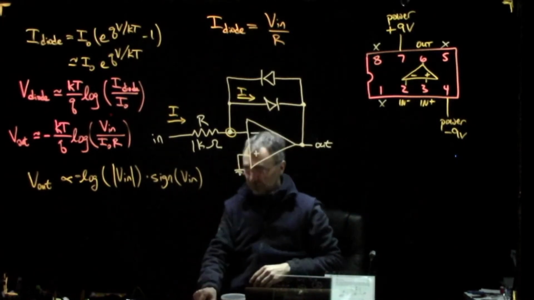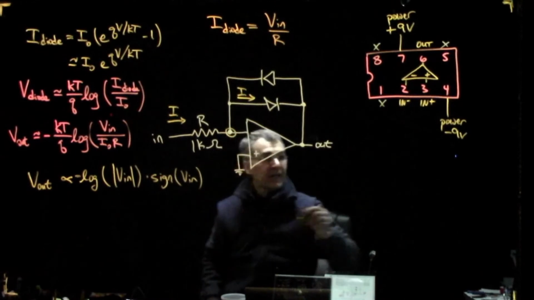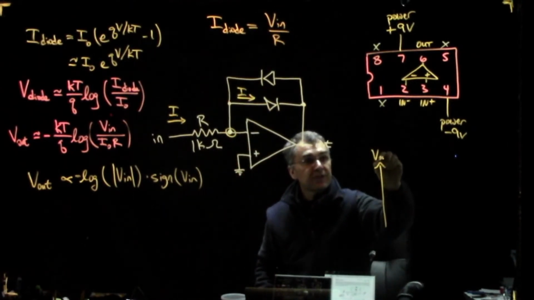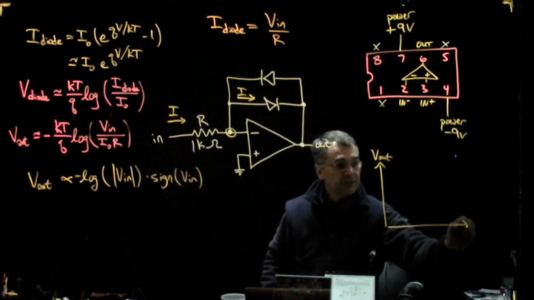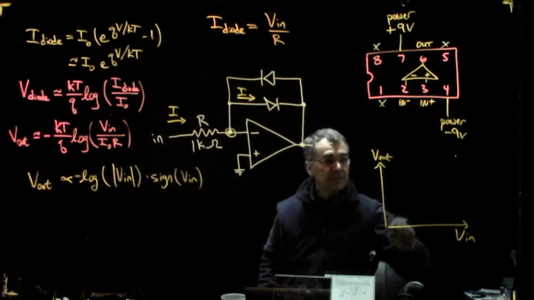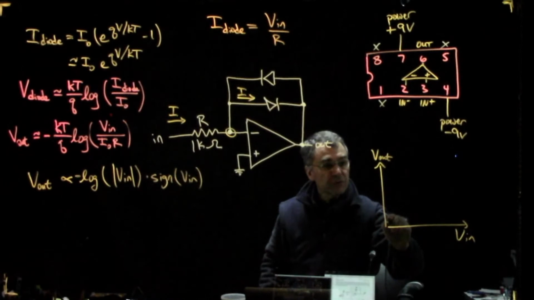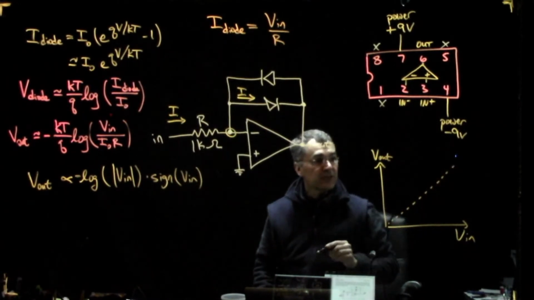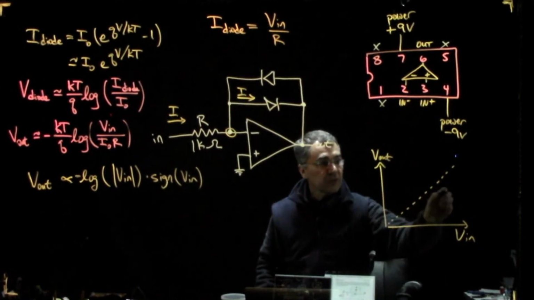Let's say this is V out and this is V in. If the output were proportional to V in, you'd have a nice straight line. Instead, you have the output proportional to the logarithm of V in.